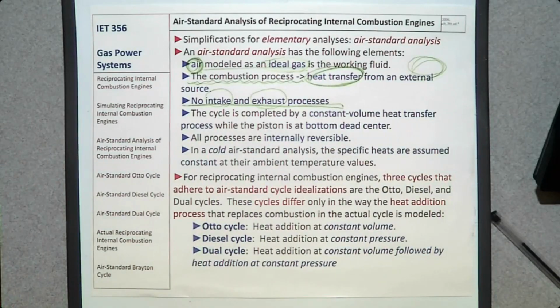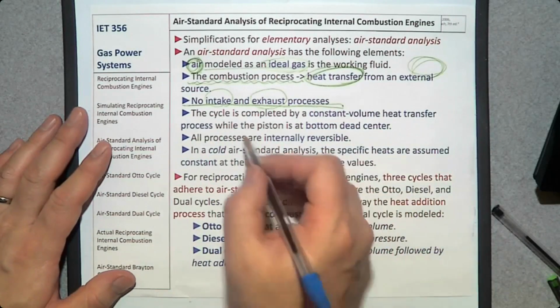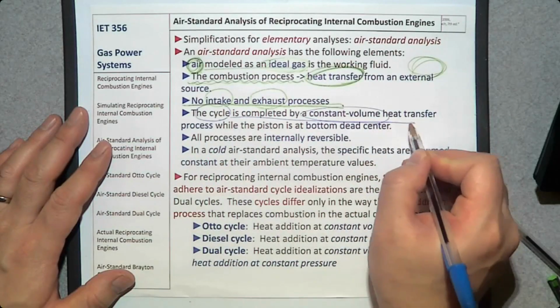So it's going to be a combination of a compression process and a power process, which is an expansion process. And the cycle is going to be completed by constant volume heat transfer.